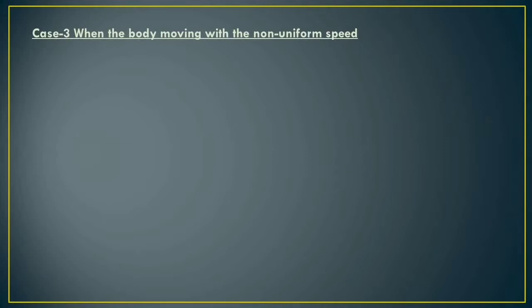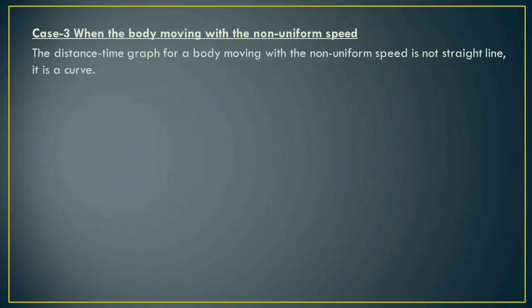Our next case is the distance-time graph for a body moving with a non-uniform speed. A body moving with a non-uniform speed covers unequal distances in equal intervals of time. Therefore, the distance-time graph for a body moving with a non-uniform speed is not a straight line, it will be a curve.